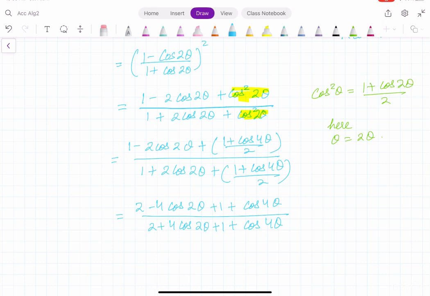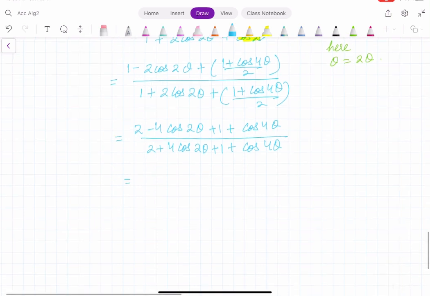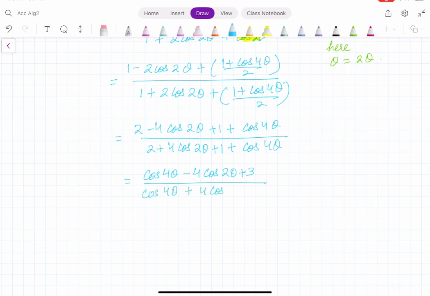Right? We can combine the like terms, and we can leave the answer as cos 4 theta minus 4 cos 2 theta plus 3, divided by cos 4 theta plus 4 cos 2 theta plus 3. That will be your final answer.